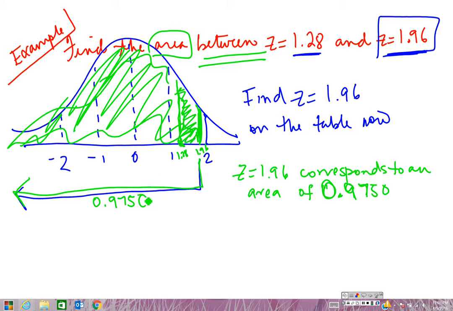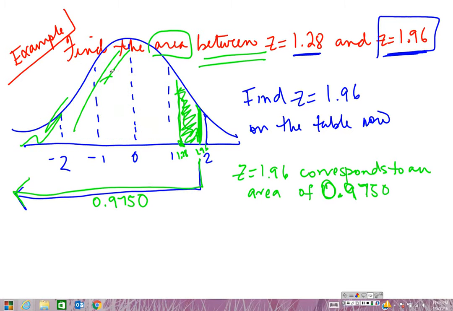However, we don't want to know the area just to the left of 1.96. We just want to know the area that's between 1.28 and 1.96. So that's why we're going to find the area to the left of 1.28. If we find the area to the left of 1.28, we can subtract it away, right?